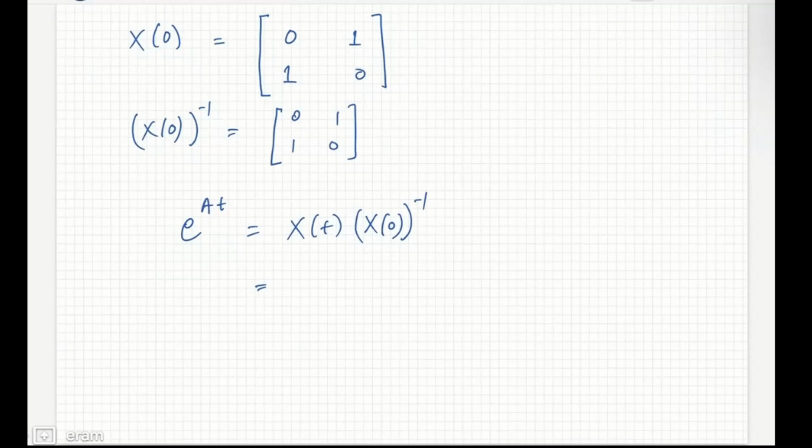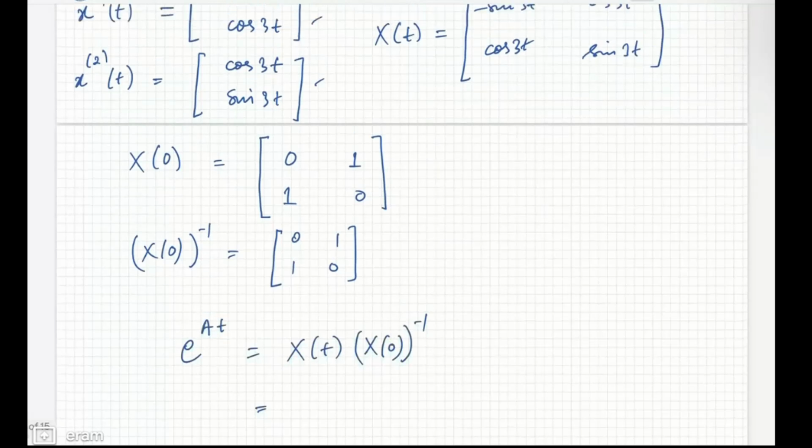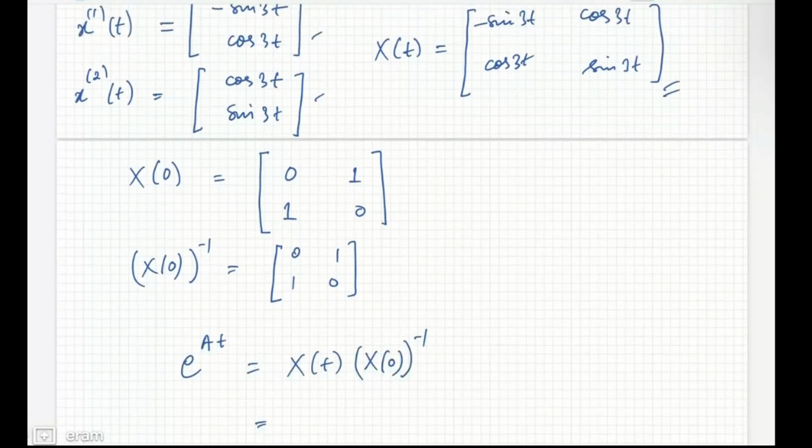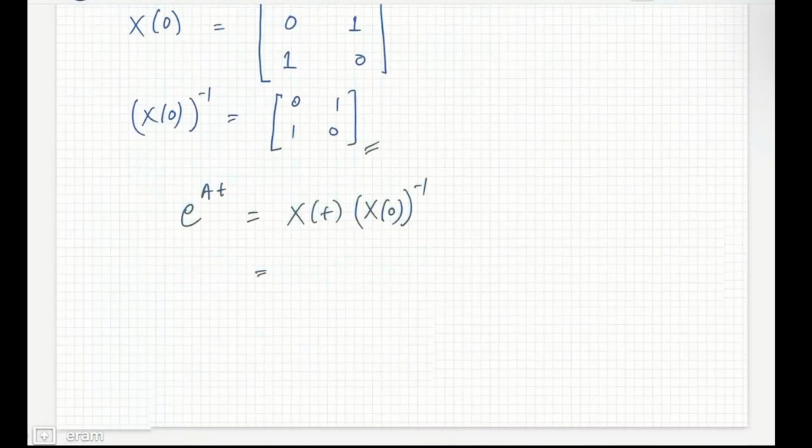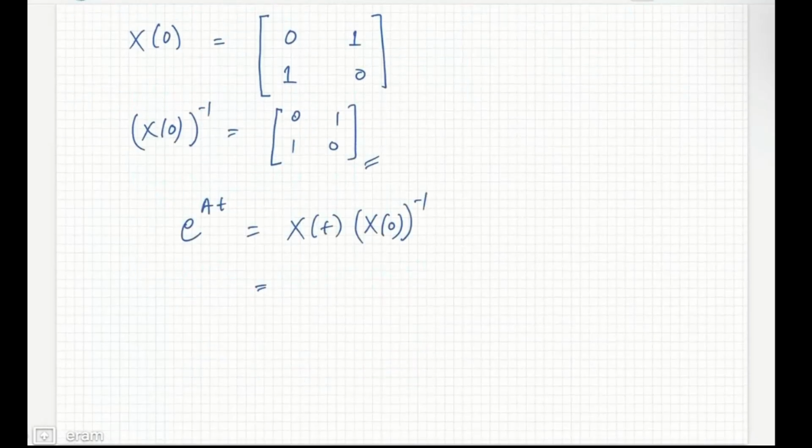Since we have calculated each part, X(t) is here, X(0) inverse is here. When you multiply these two matrices, you will get sin 3t and cos 3t. Please check the calculation, and if there is any mistake, please let me know.